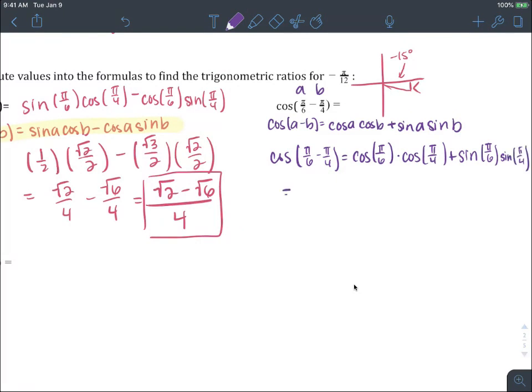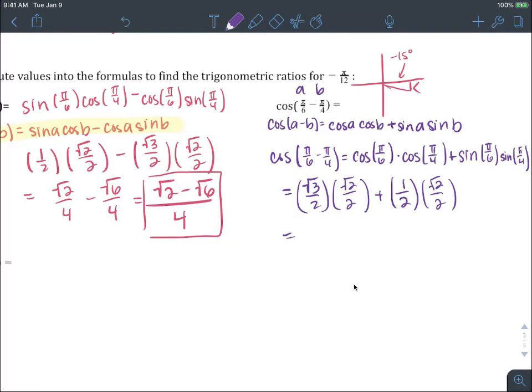Okay, so that equals, we get cosine of pi over 6 is root 3 over 2 times the cosine of pi over 4, root 2 over 2, plus the sine of pi over 6 times root 2 over 2, okay?